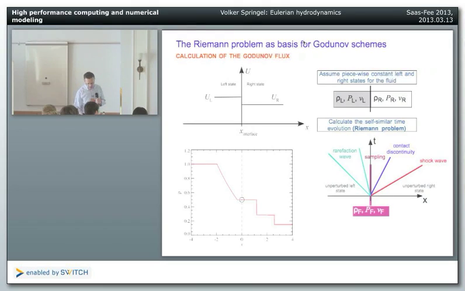You can solve that wave structure for every combination of initial densities, pressures, and velocities. And then Godunov's flux says, what we really need to take, all that's interesting to us here, is actually we want to know what is the state of the fluid right on the interface, because that will give us the flux. So Godunov says, now let me read off here what is the state of the density, pressure, and the velocity.